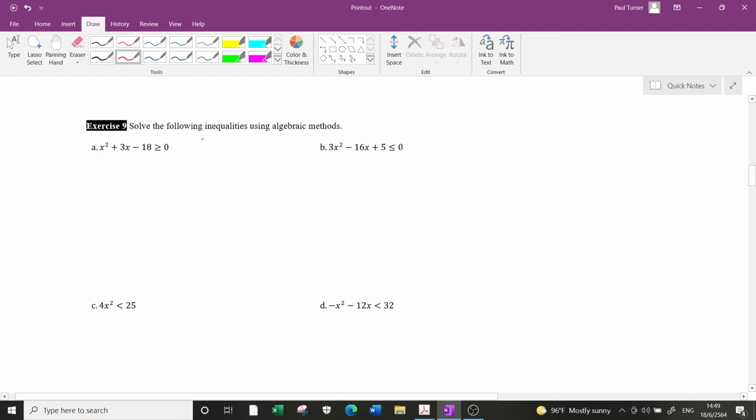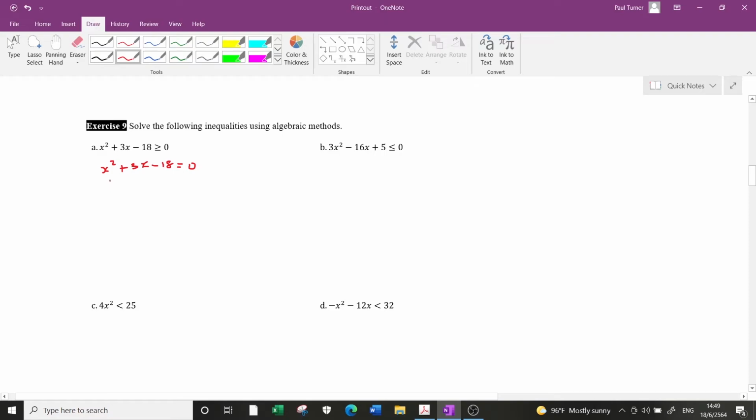So in exercise 9, we use the same method. You can do graphing method or you can do the algebraic method. So I'll start you off here. So the first thing you do, let that equal to 0, right? So just change your inequality to equals.